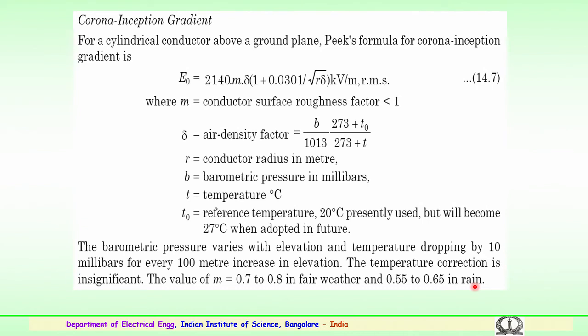Here there is a standard Peek's formula, a well known formula for the estimation of the corona inception gradient, which is given as 2140 into m into delta, the whole into 1 plus 0.031 divided by square root of r into delta, which is in kV per meter. The value will be in RMS, it is not peak, it is in RMS. So, here it is very clear, a very simple formula where m factor is the conductor surface roughness.